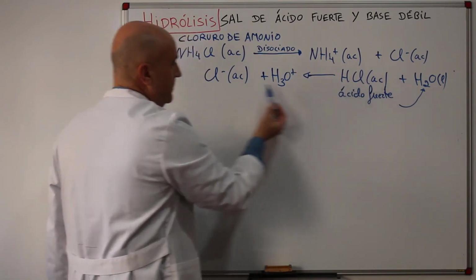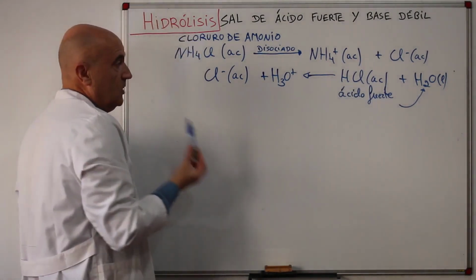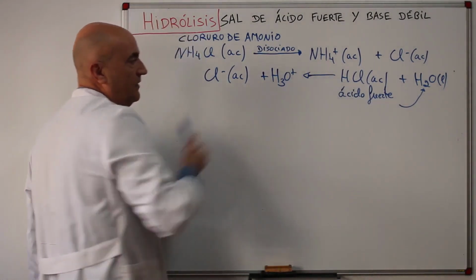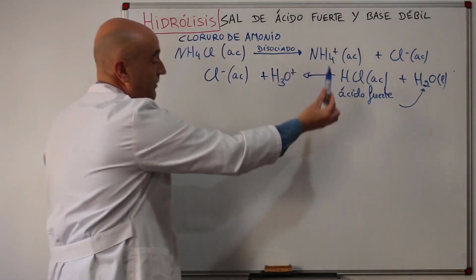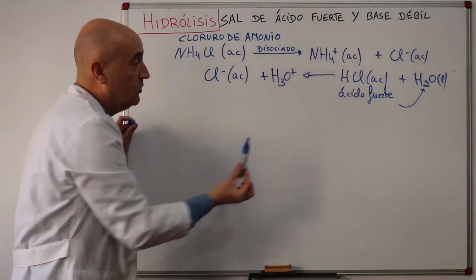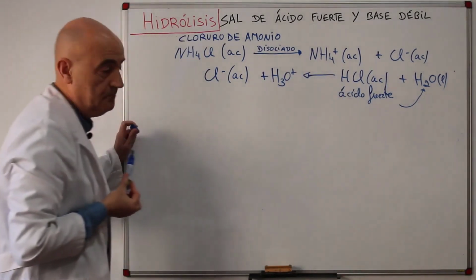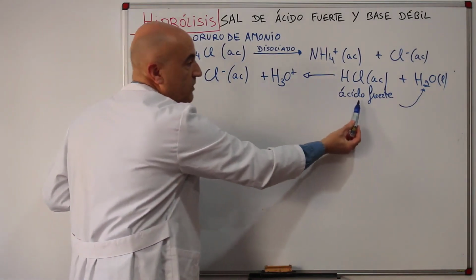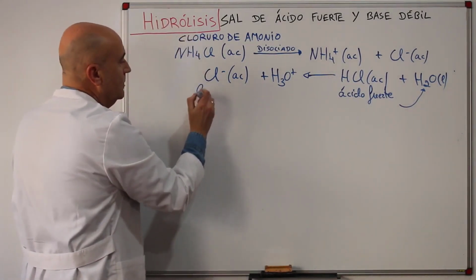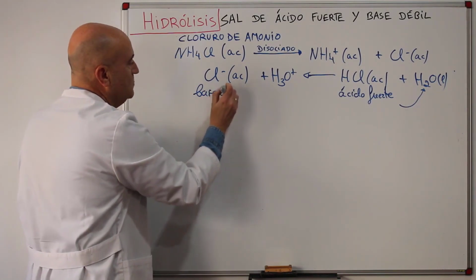The chloride remains. But why did I put this arrow pointing to the right? Because the reaction is not going to happen to the left. Because it is a very strong acid, the chloride, which is the conjugate base, is an extremely weak base.